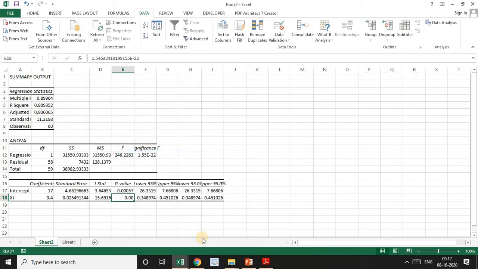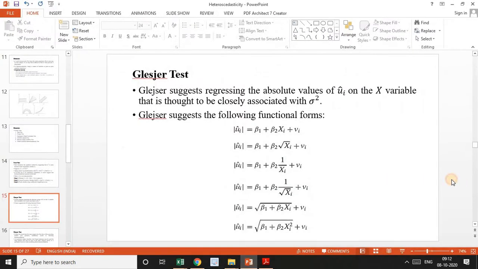The t stat is 15, which means it is highly significant, and you have to conclude that this beta coefficient is significant and there is a problem of heteroscedasticity. This is what is called the Glejser test.